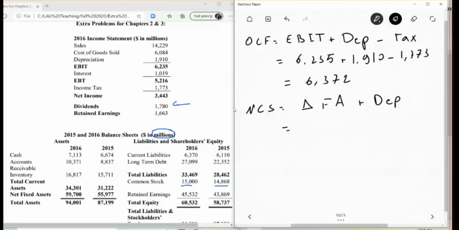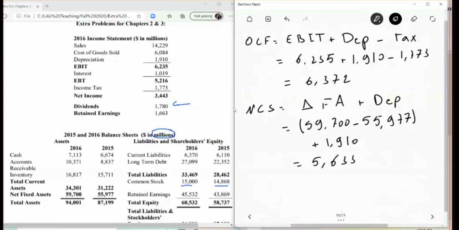Here I have net fixed assets for year 2016, 59,700 minus 55,977, plus the depreciation 1910, and the answer is around $5.6 billion.